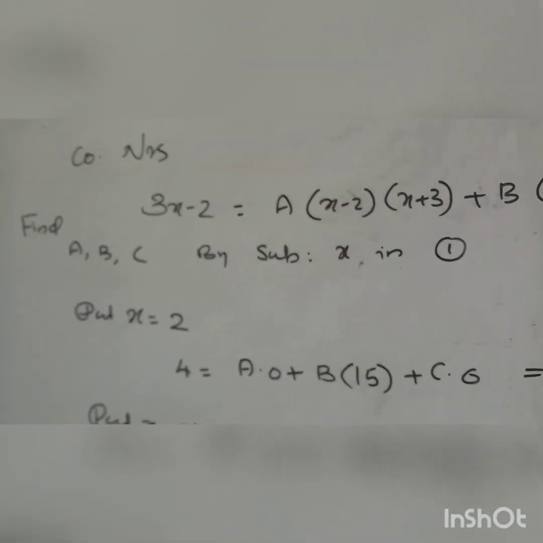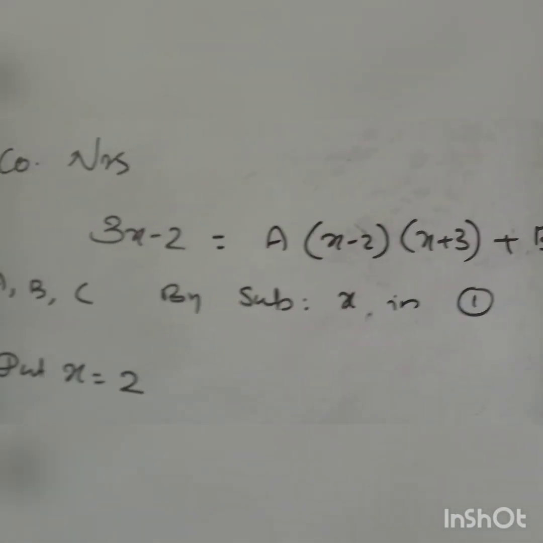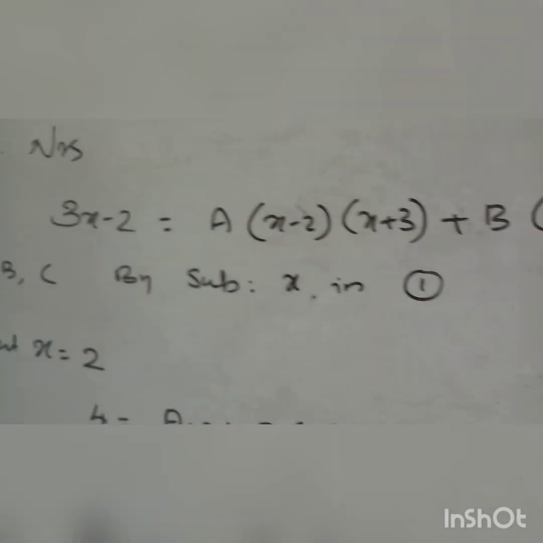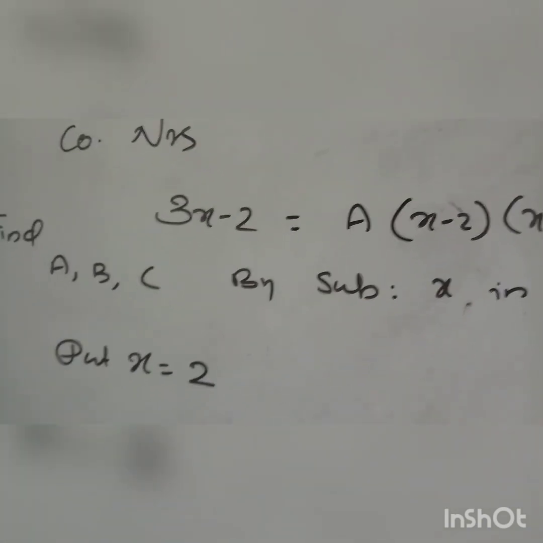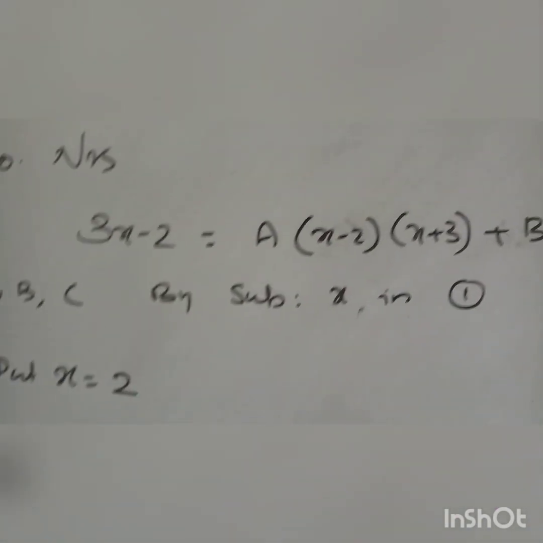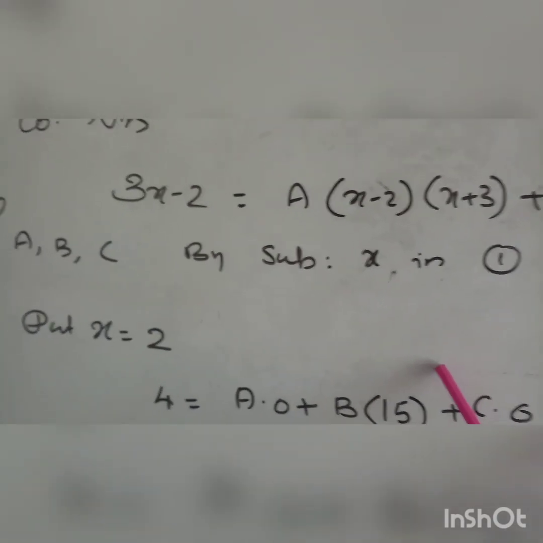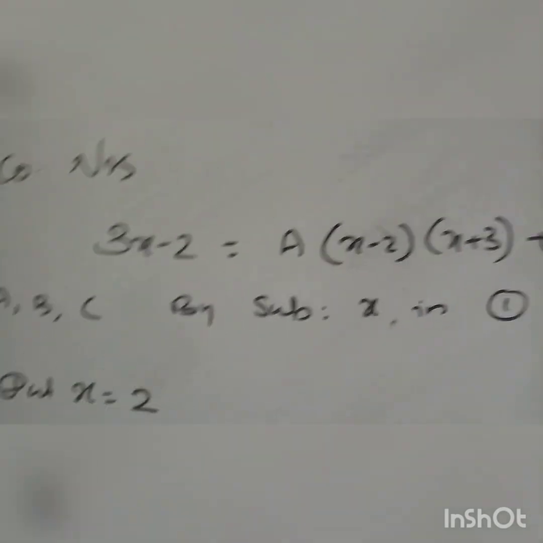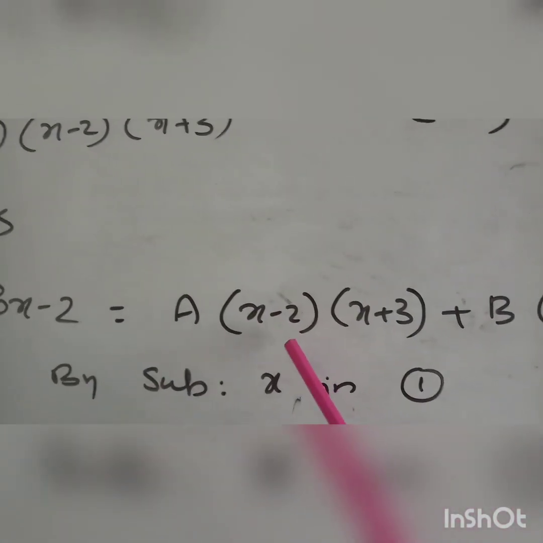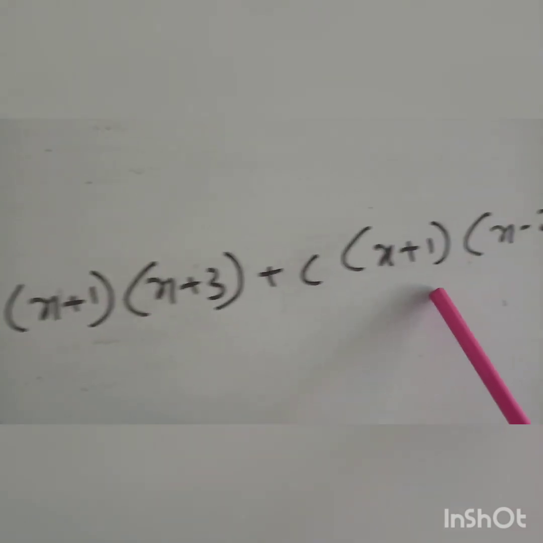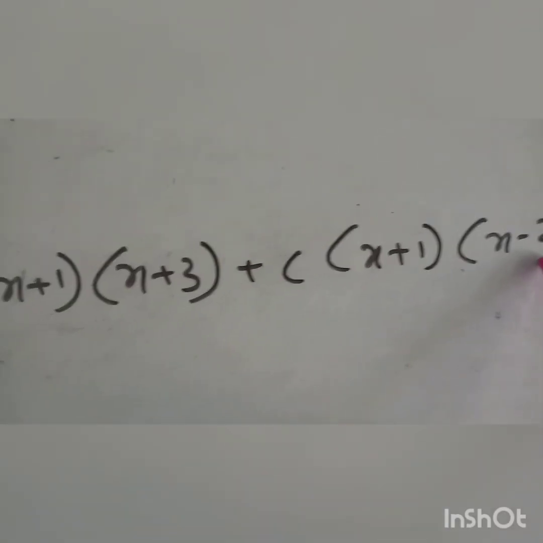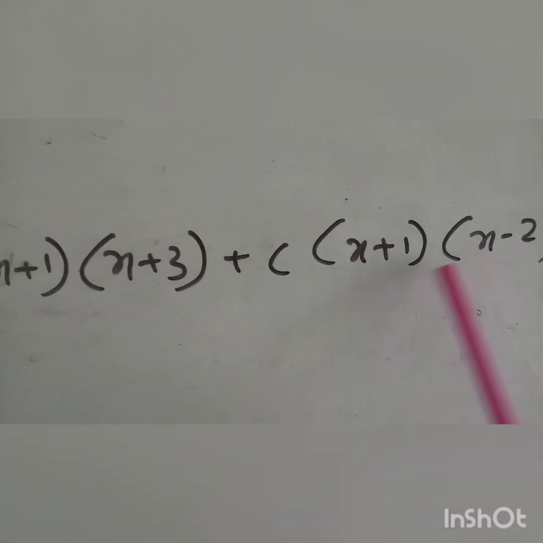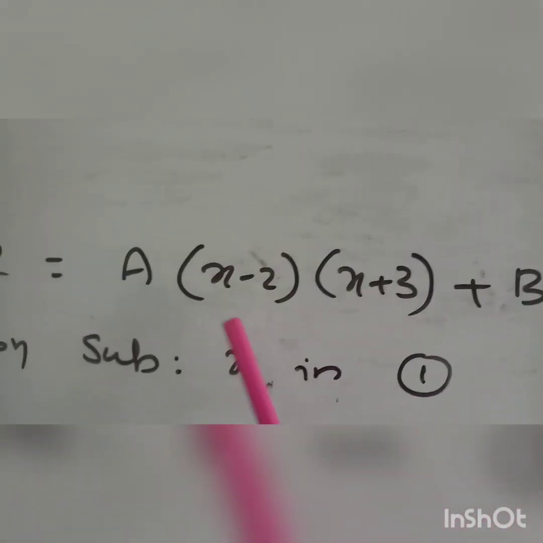Similar to one of our previous problems, we can find the values of a, b and c by substituting some values into this. Here you substitute suitable values for x to get the constants a, b and c. You can see the factor x minus 2 repeats in this function twice. So let us assume x equals 2, because when x is equal to 2, the c term will be 0 and the a term will be 0.